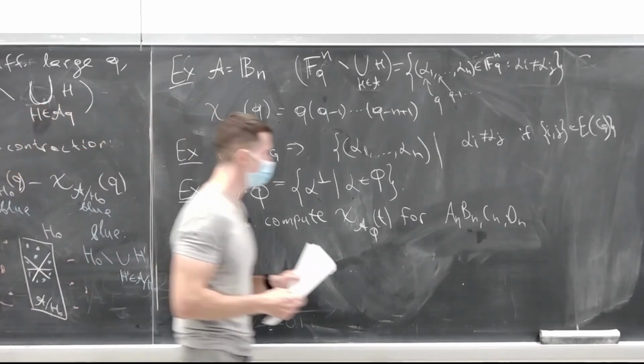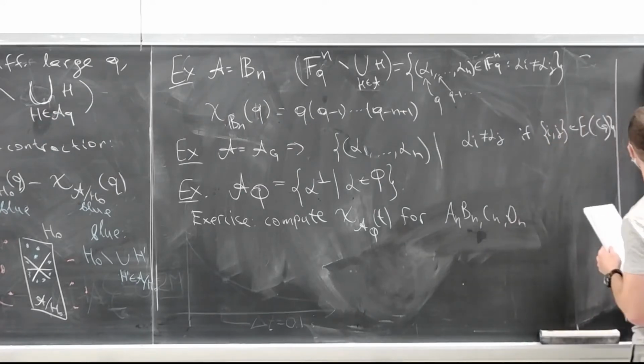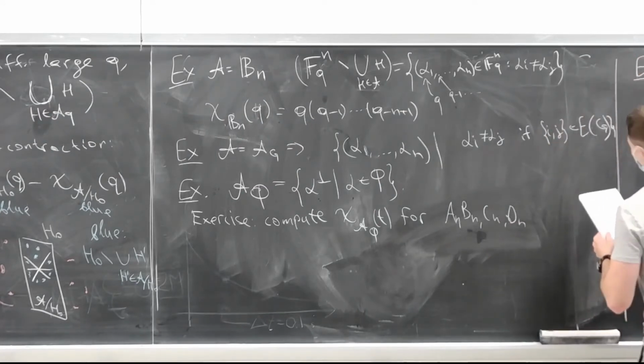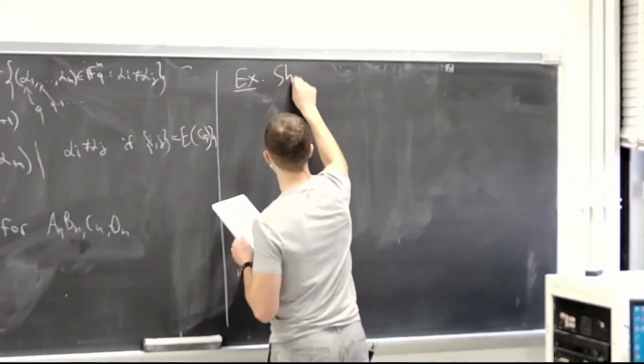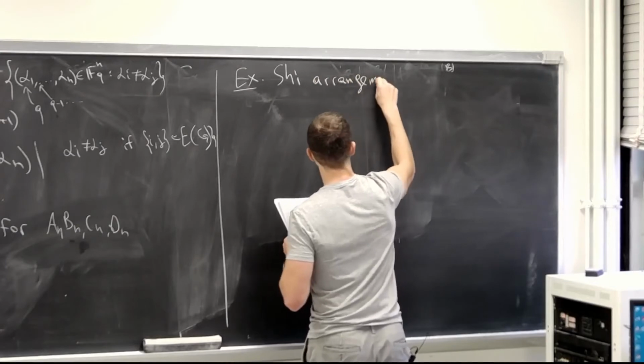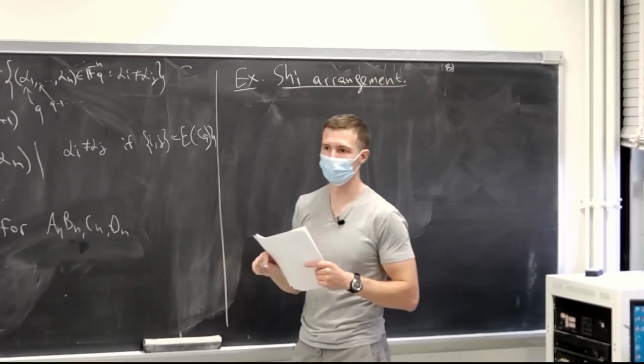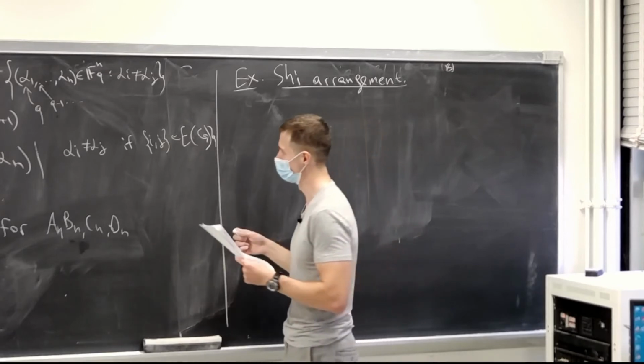Okay, and finally, let me now try another example that we had before. It's called the Shi arrangement. At the beginning, I announced all these different arrangements that we're supposed to be able to tackle.